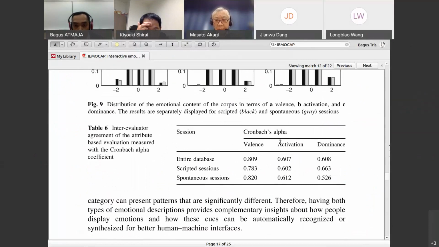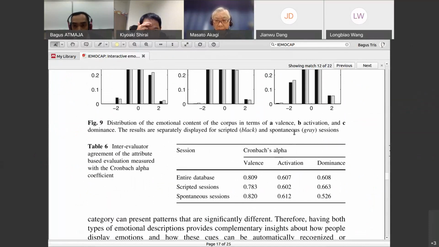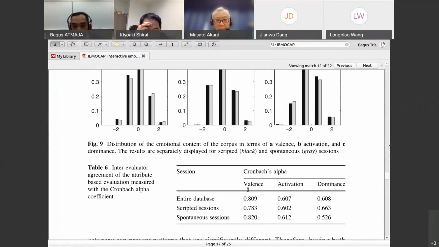They measure it in Cronbach alpha. This is the dataset I use, IEMOCAP. The agreement for valence is high actually, but for activation and dominance it is about 0.6 from the entire dataset here. It's not so bad.